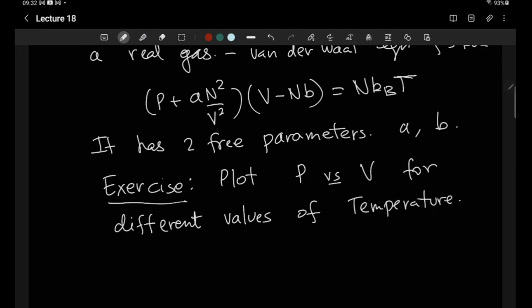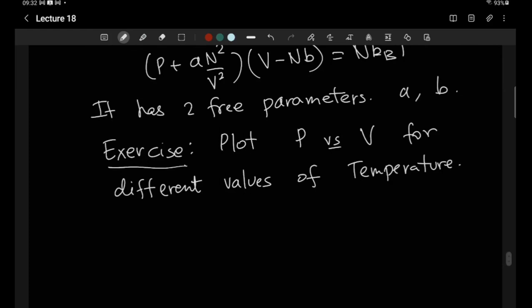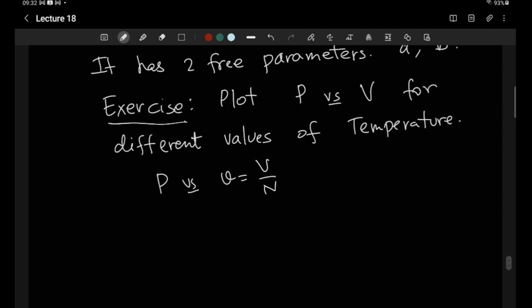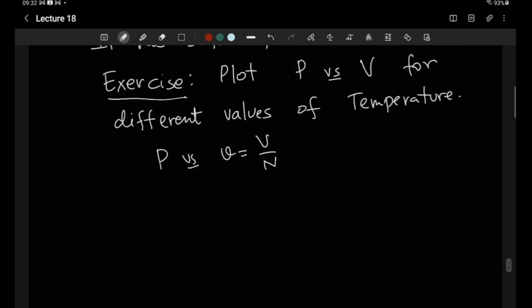Of course you have to do some work to convert things: instead of doing P versus capital V, it's better to do P versus little v, which is V by N. You can do that. So you can plot this.